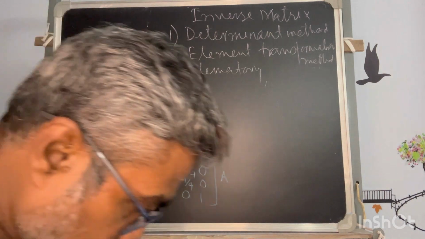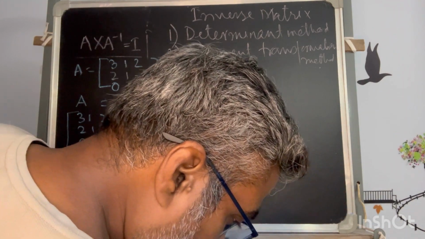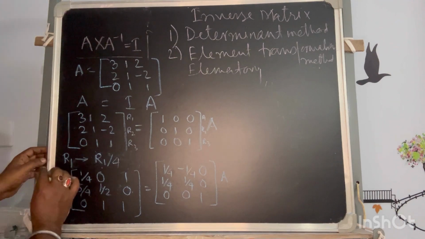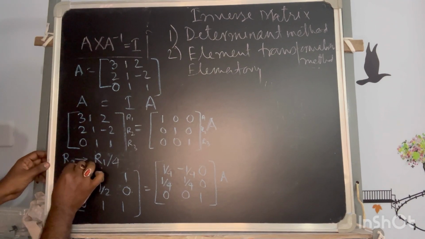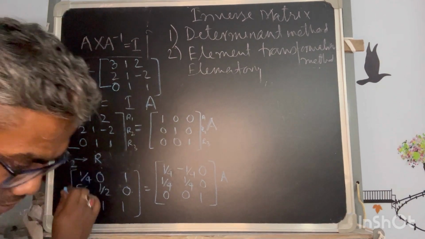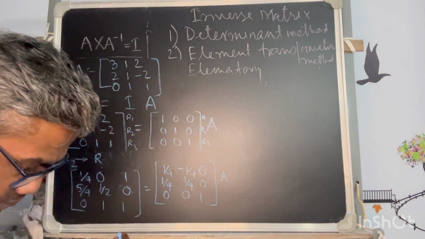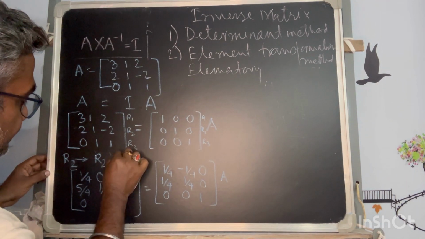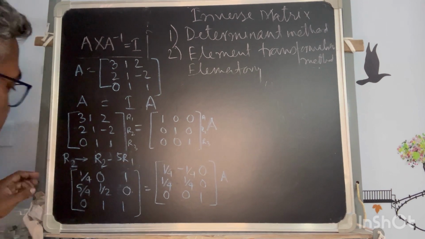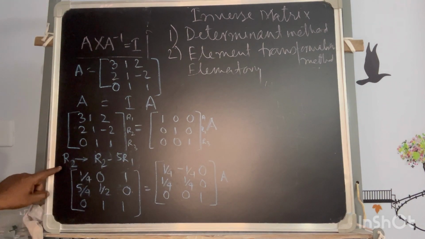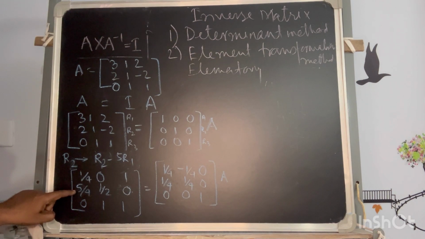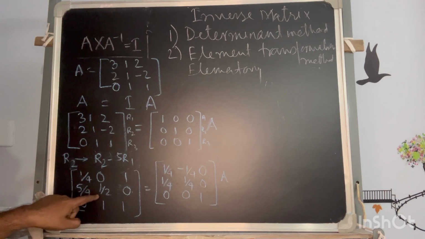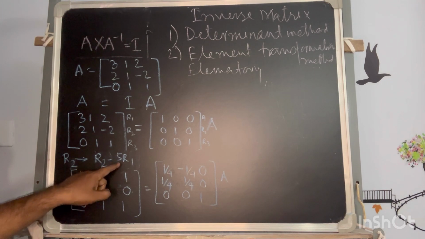The next operation that I will do, R2 becomes R2 minus 5R1. Let's see what would happen there. R2, I am converting this into, this will be the same, and I am deducting 5R1.